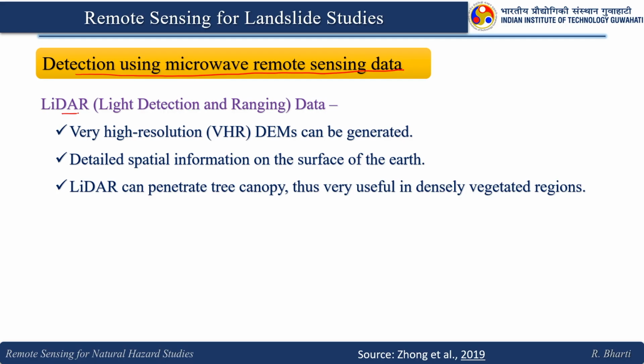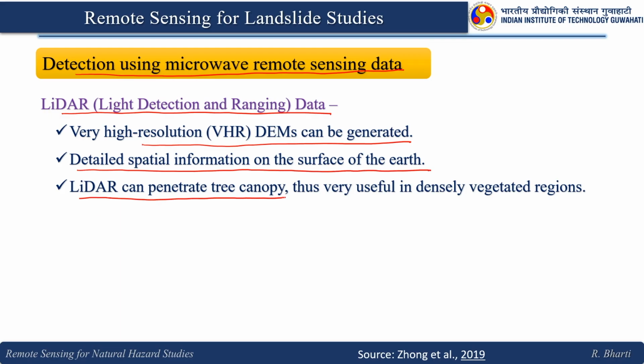Then comes the detection of landslides using microwave remote sensing data sets. LIDAR, the light detection and ranging data, is the first choice. Very high resolution DEMs can be generated, giving detailed spatial information on the surface of the earth. LIDAR can penetrate the tree canopy, thus it is very useful in densely vegetated regions, because we are talking about a slope, and this slope can have vegetation.